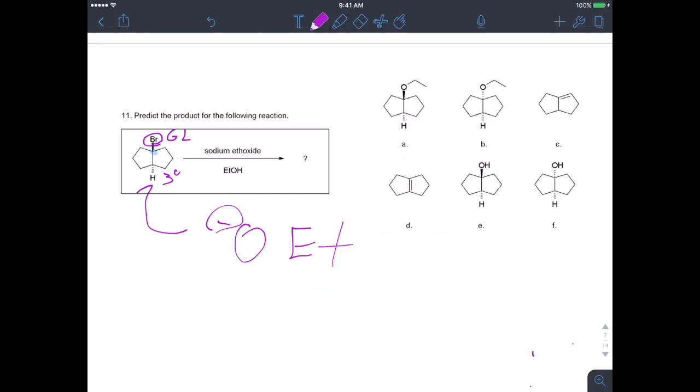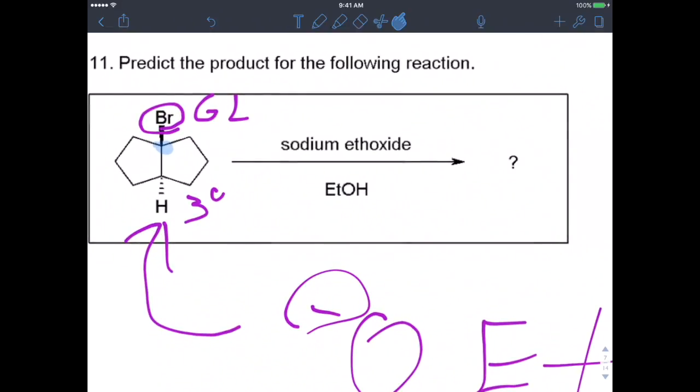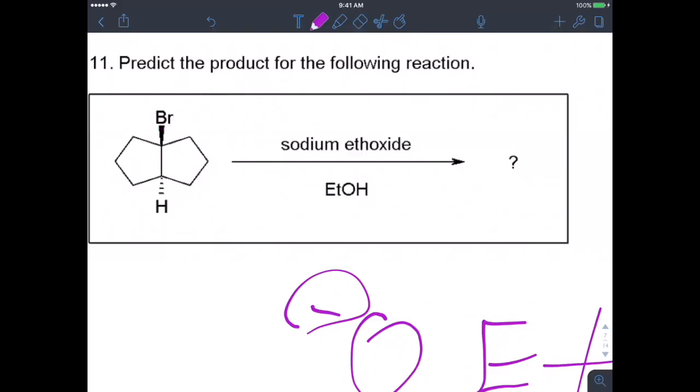So it ends up taking an H on the opposite side. Then that H donates its old electrons here, and we have our leaving group leave all in one step. We can also have it happen with the hydrogens nearby. The only important part is that the hydrogen be on the opposite plane as the bromine. So if it's wedged, we want it to be dashed. If it was dashed, we'd want it to be wedged.